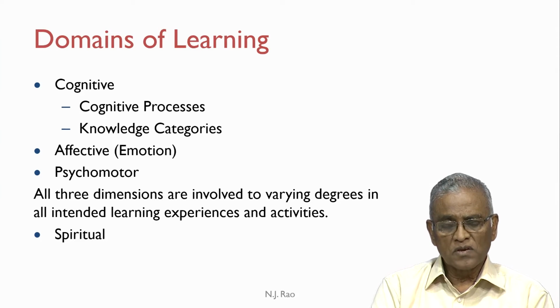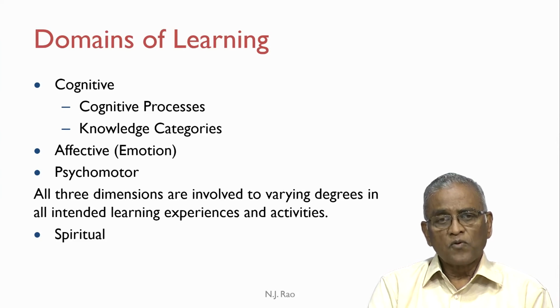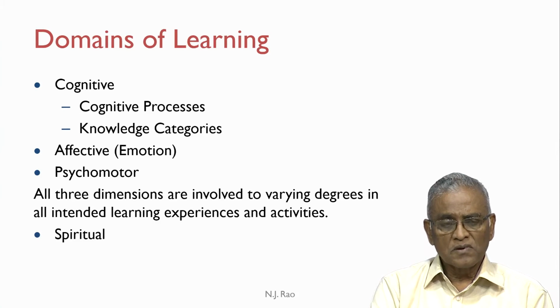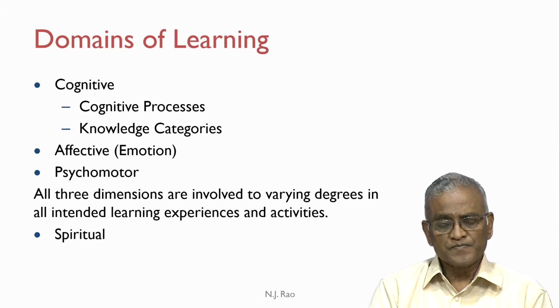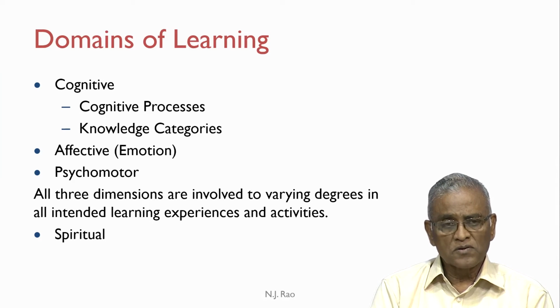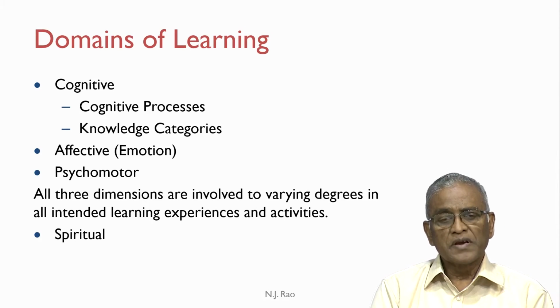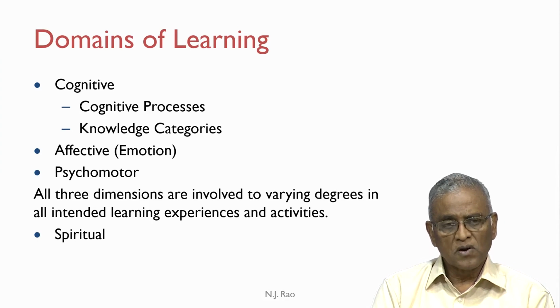There is no way you can say that one is totally absent. If one wants to complete this, you can also add a spiritual domain, but in our module we are not going to be dealing with the spiritual domain. Just for completion, we can add this dimension called spiritual.